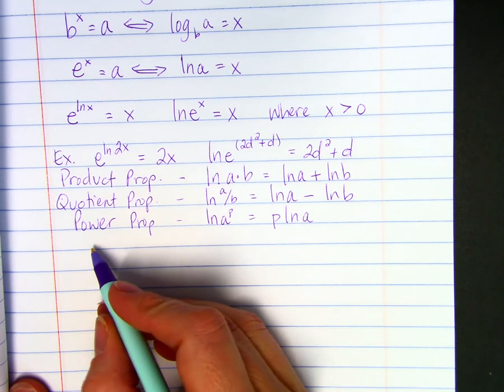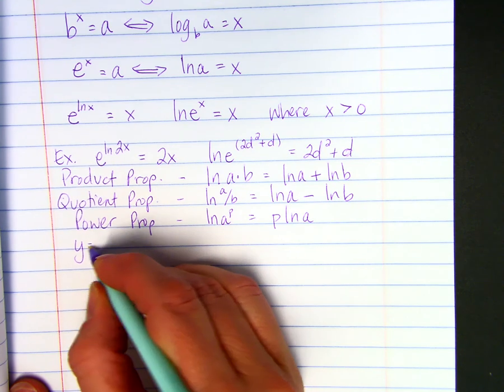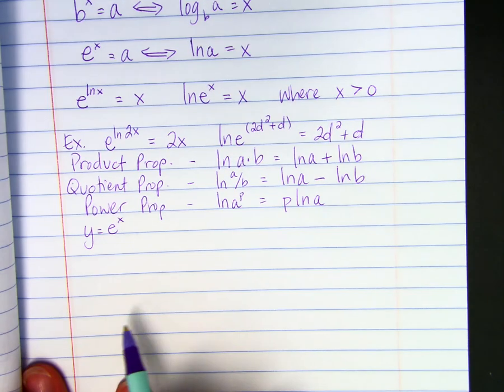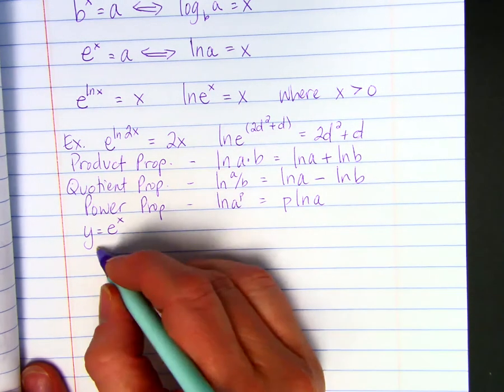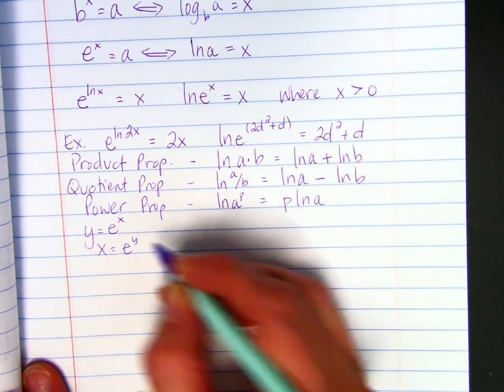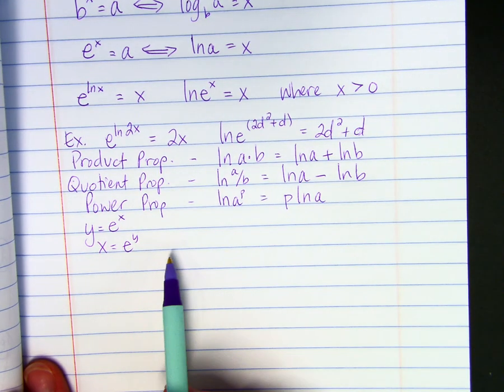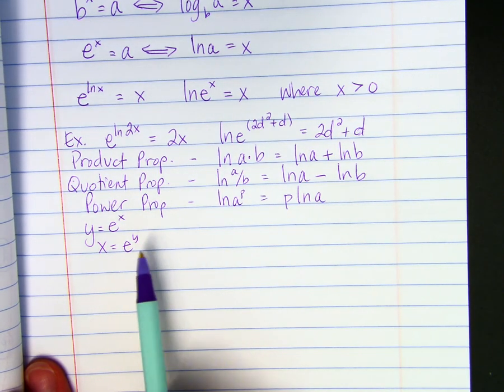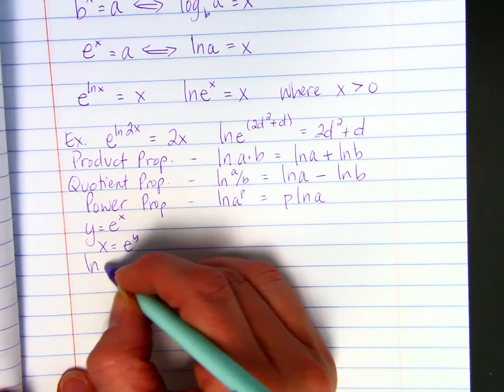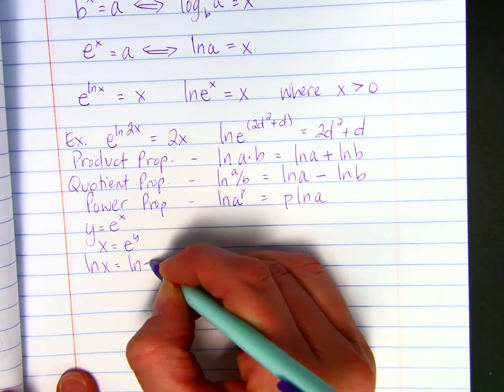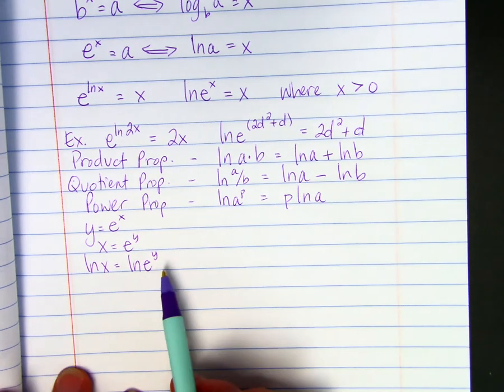If we had y equals e to the x and we want to find the inverse, if you remember, we swap places, the x and the y, so x equals e to the y, and then we have to solve for y. To solve for y, you can take the natural log of both sides. So we have the natural log of x equals the natural log of e to the y.